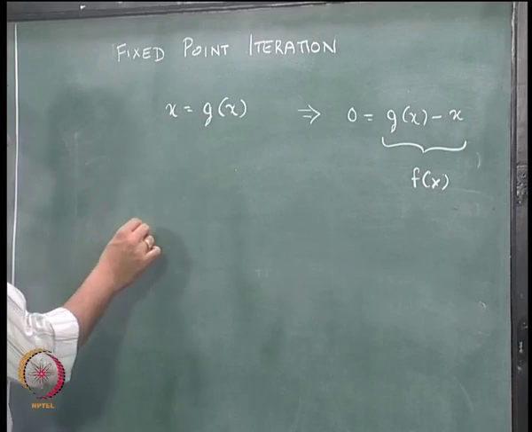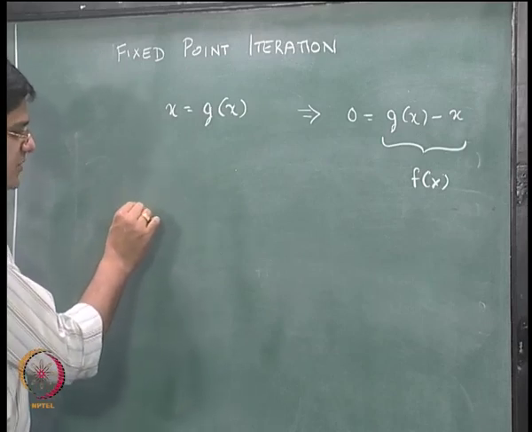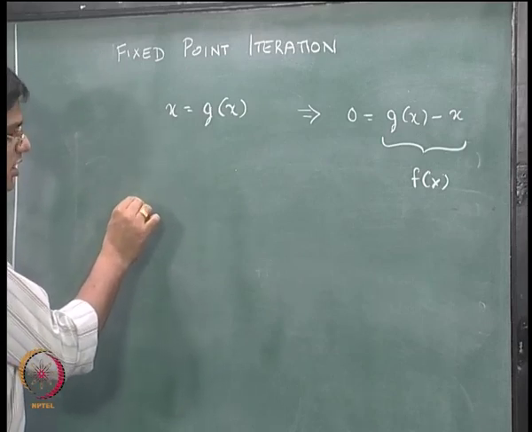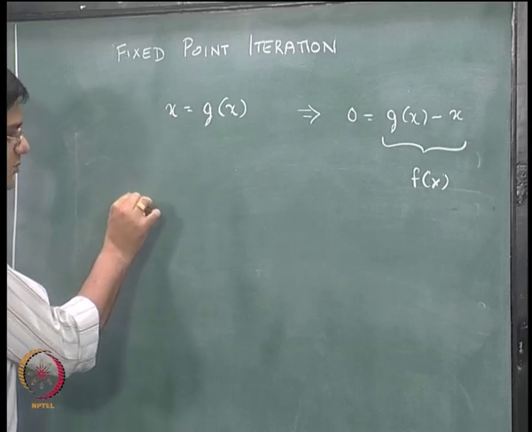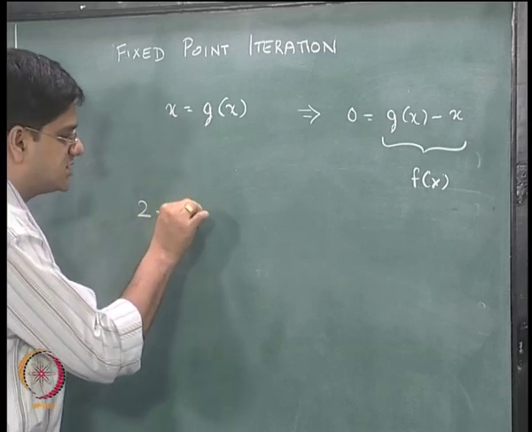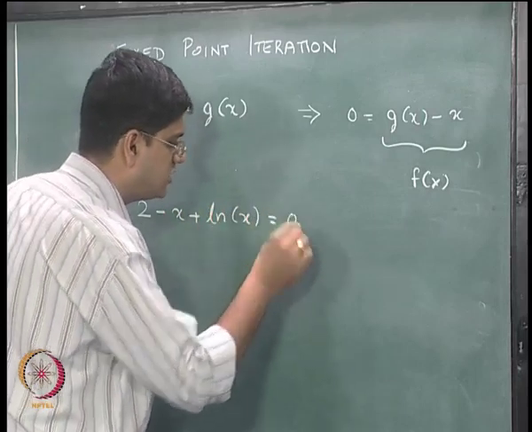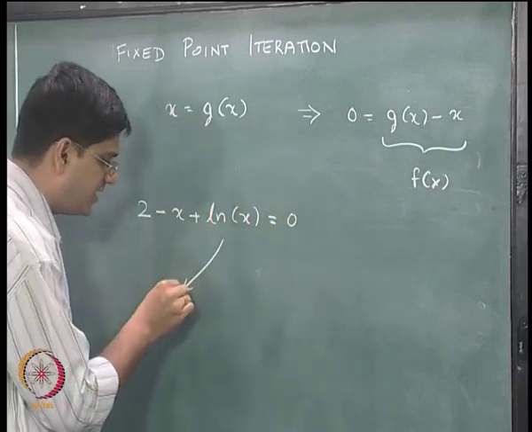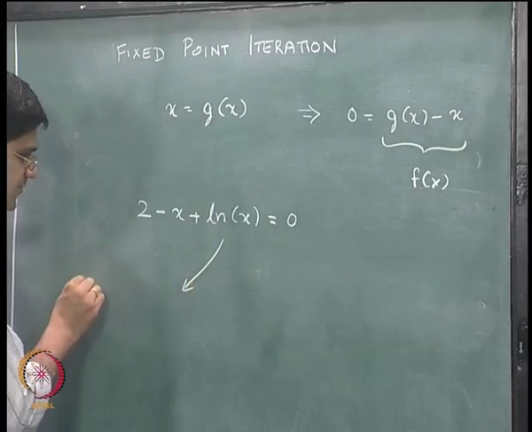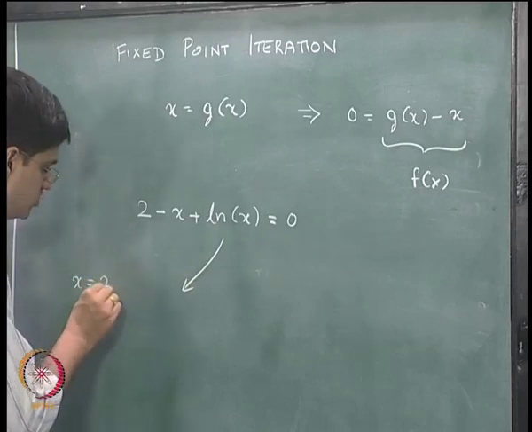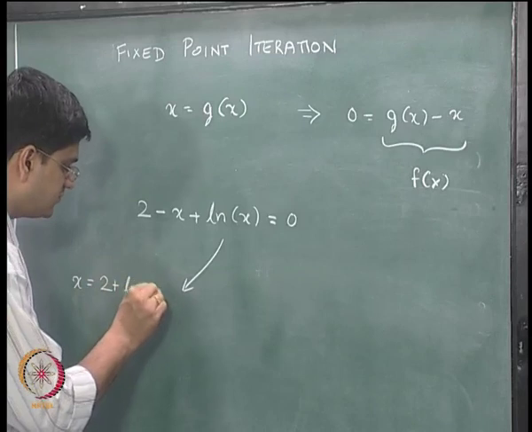If we look at the previous example that we have been looking at in this particular module, that was 2 minus x plus ln of x equal to 0. One way we can write this is x is equal to 2 plus ln x.